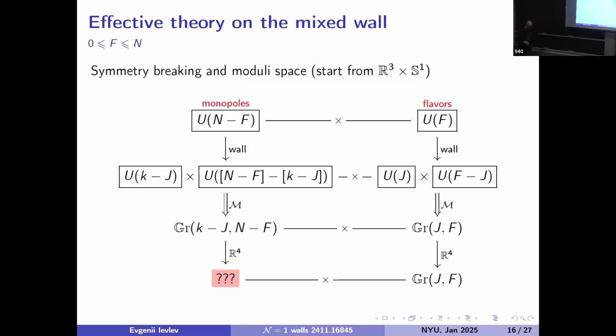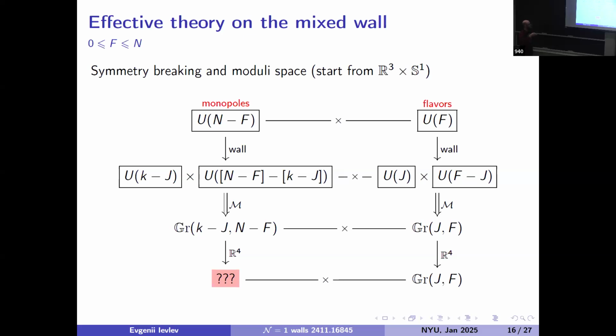Then you can ask: I told you before that when you don't have quarks, the effective theory is actually a TQFT. So how does this TQFT appear in this consideration? First, if we start with the compactified theory on a small circle, we don't see any TQFT because there is a certain number of quark flavors with their flavor symmetry.